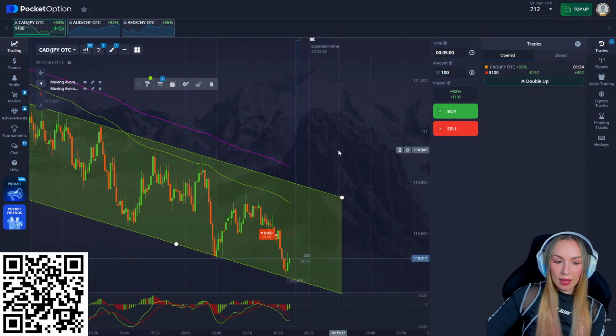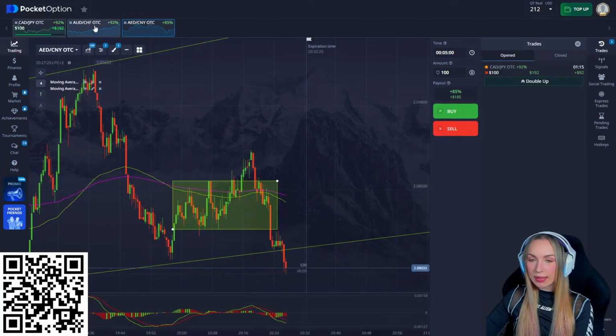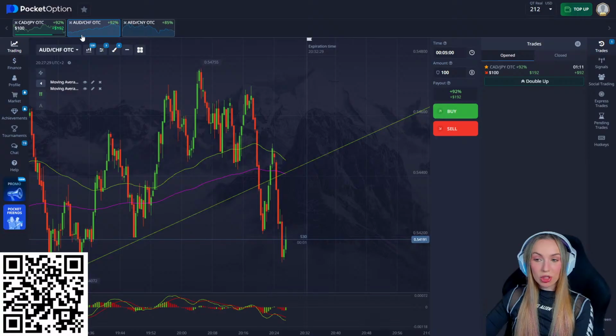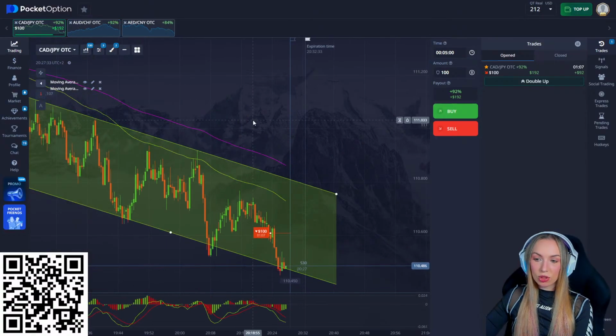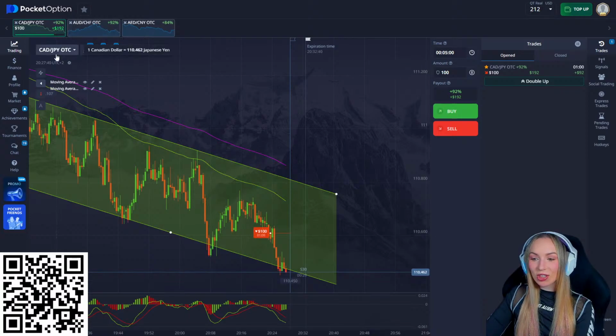Because you know, in some charts the price goes very slow, like on ADCNY, and on AUDCHF the price moves super quick, and on CADJPY we will see. Maybe it's moderate. You see, every chart has its own speed how to move.